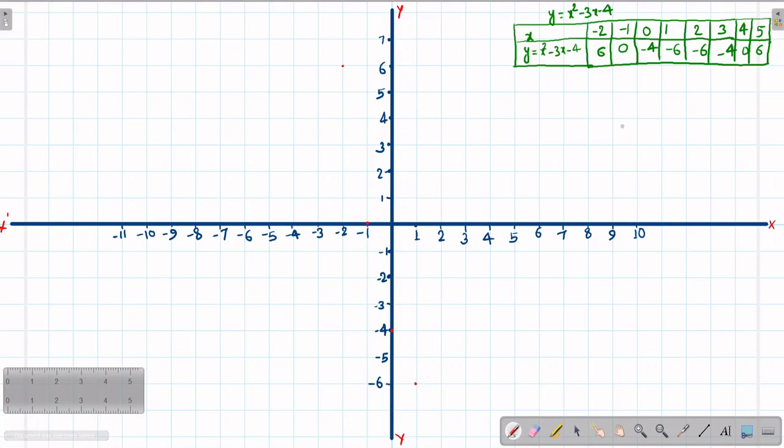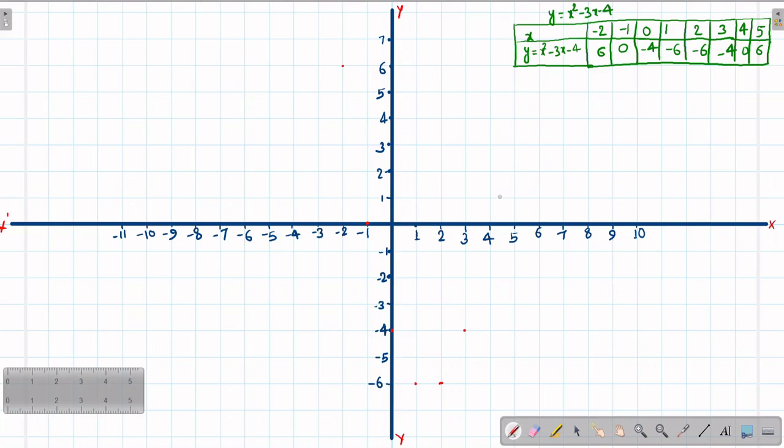Then (2, 6): this is the 2 unit on the x-axis, then 6, this is the point. Then (3, -4): again 3 is this point and minus 4, again you have to move down, this point will be (3, -4).